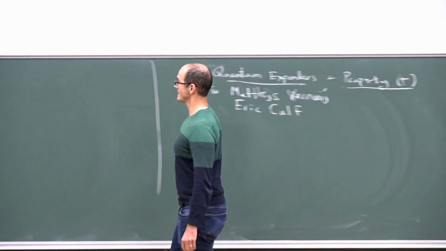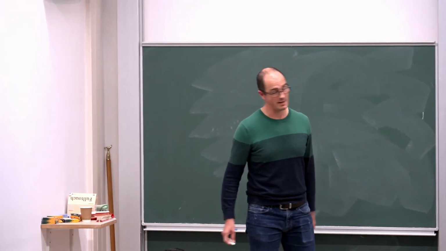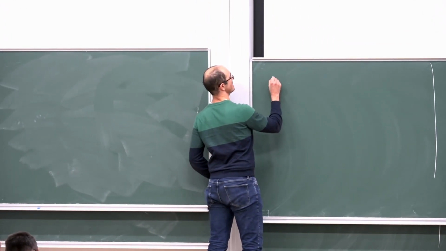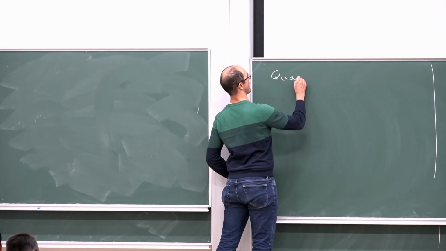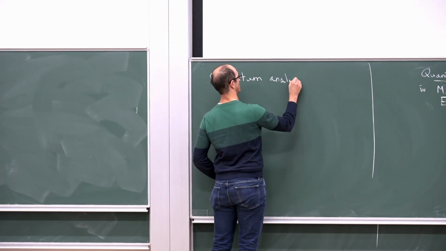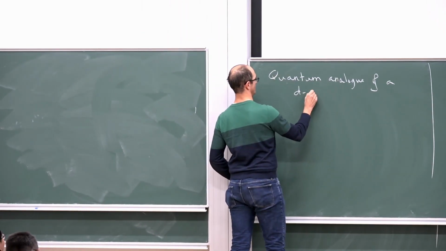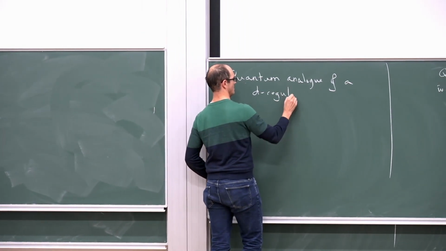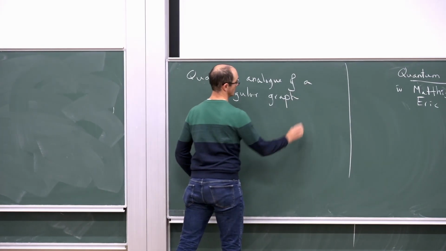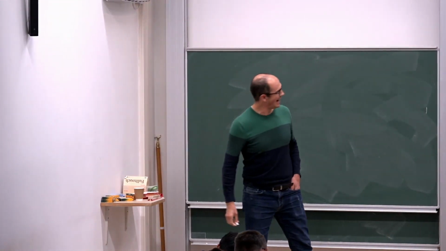Expander graphs are examples of regular graphs typically. So the first thing I want to start off with is, what is the quantum analog of a d-regular, finite, undirected graph?